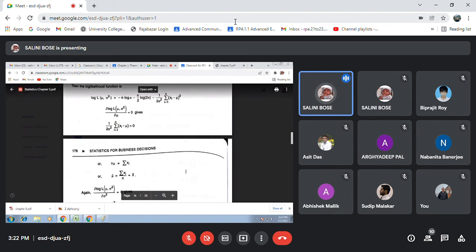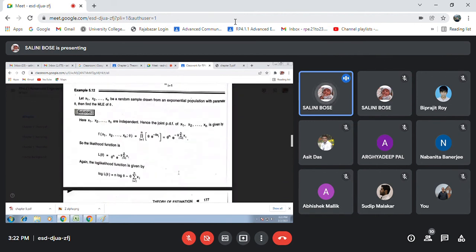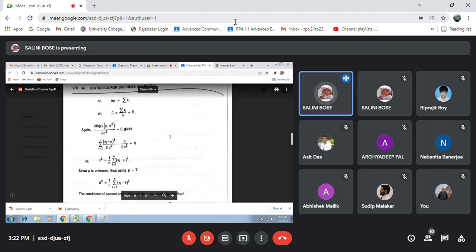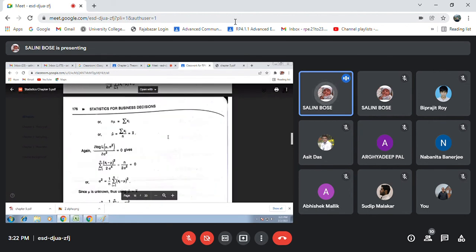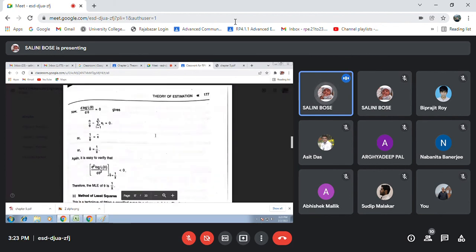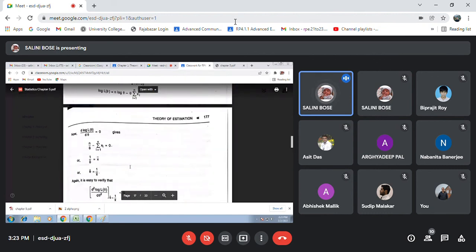This you can get by doing it at home. Similarly, the exponential population is also done. This part you can understand. The process is the same in maximum likelihood. Just do it, the intermediate steps, please do at home.